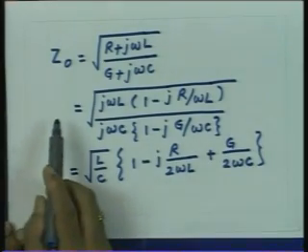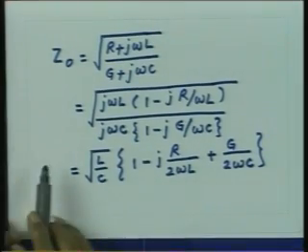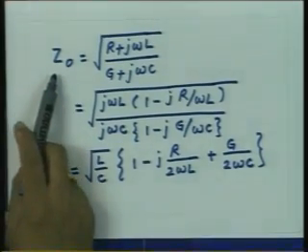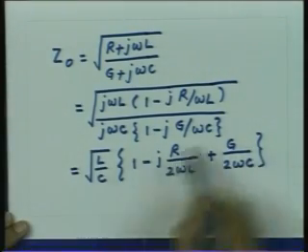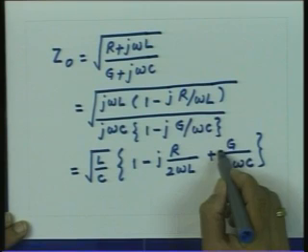But now for a real low loss line, the characteristic impedance is no more real. It has a component which is imaginary, which is coming from this quantity. There is some j here.